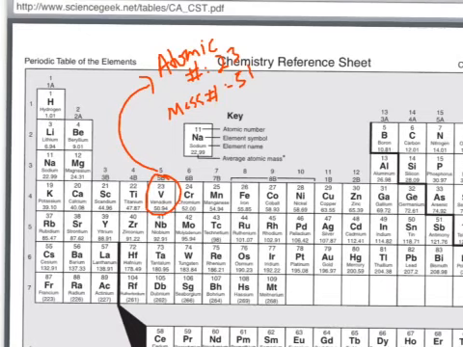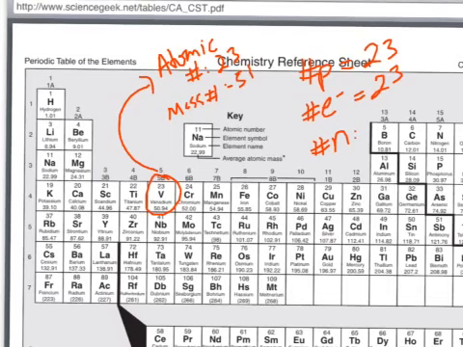Now from there, I can figure out everything else. If you remember back to our last sheets, we knew that the number of protons equaled the atomic number. So in this case, the number of protons is going to equal 23. The number of electrons was equal to the number of protons. So again, that will equal 23. And the number of neutrons is equal to the mass number minus the number of protons.